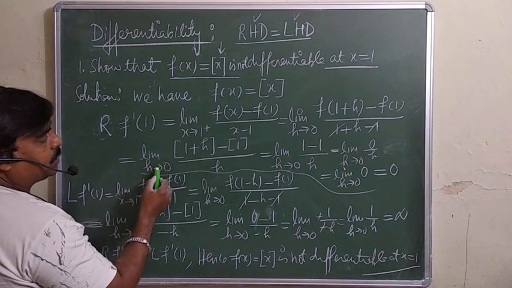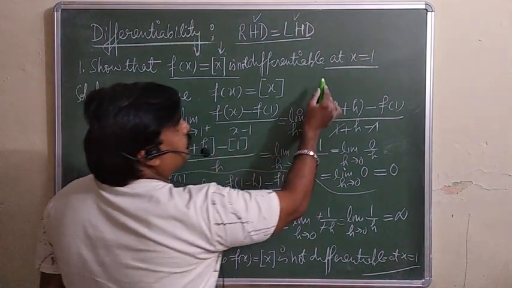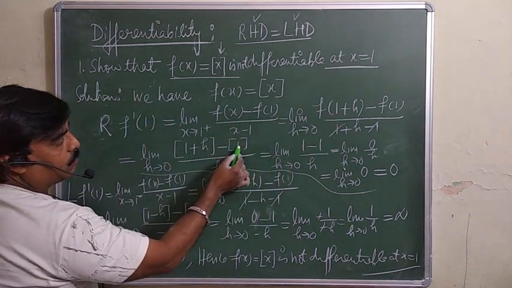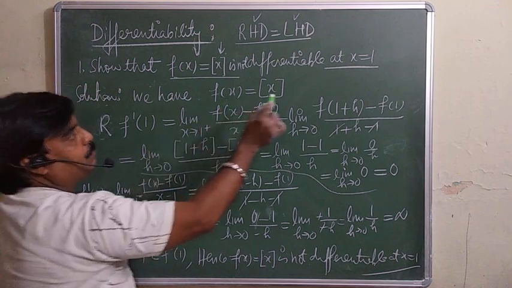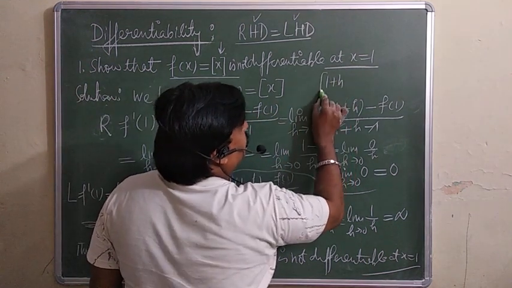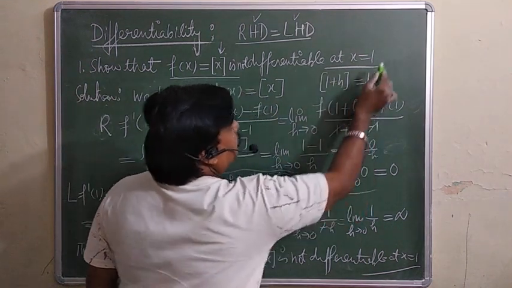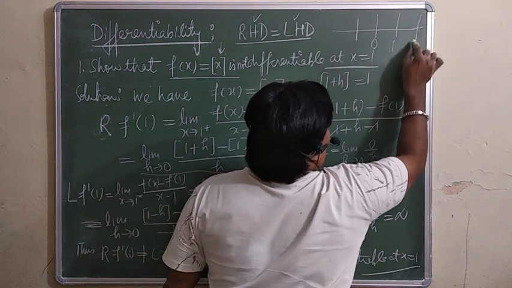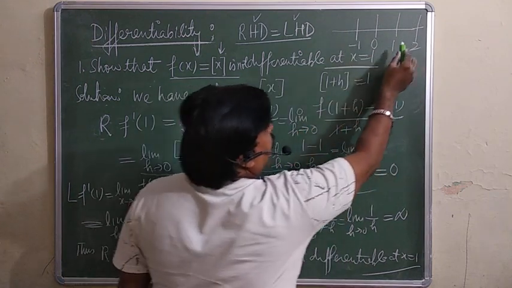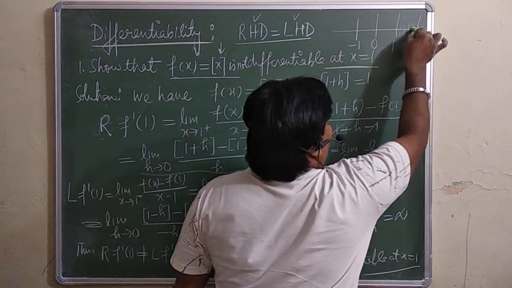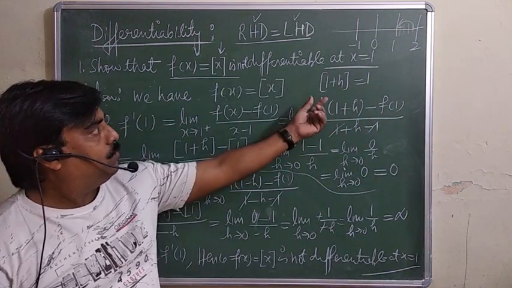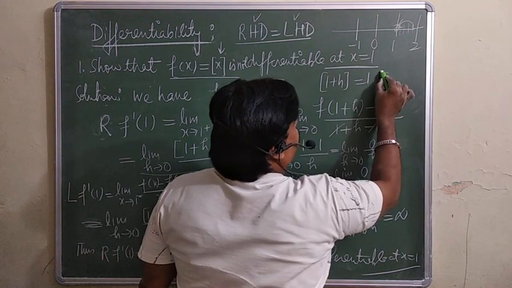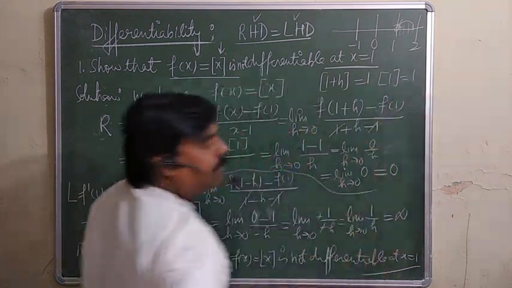Here 1 plus h means you are somewhere just right of 1, and the greatest integer value of this will be 1.